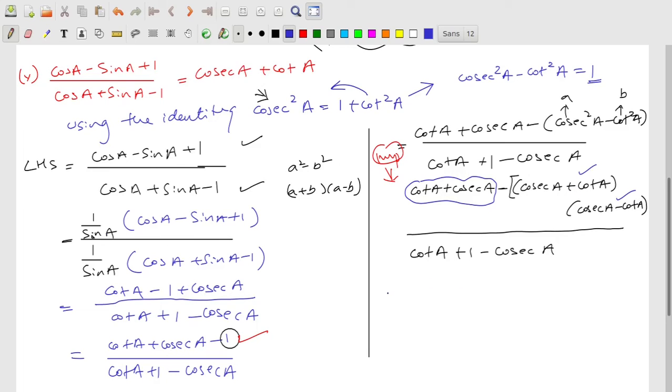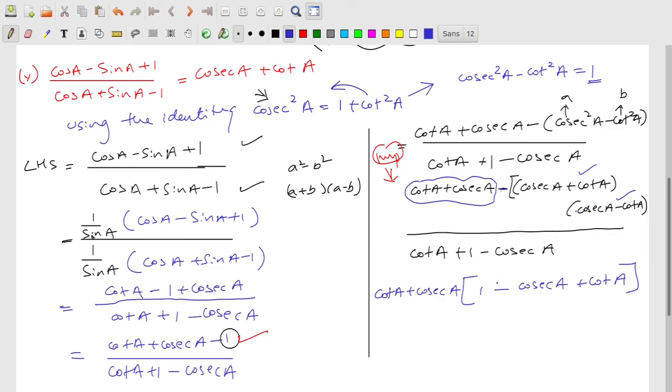If I take cot A plus cosecant A common, then I will be left with 1, because we take this common, and then minus this expression, that is cosecant A minus cot A. Then it will become minus cosecant A plus cot A, because we have a negative sign here: minus into plus is minus, minus into minus is plus.